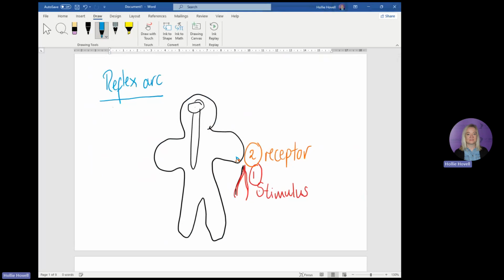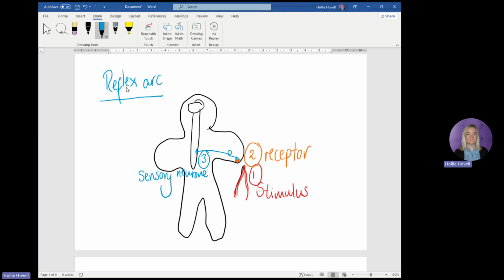It will have some little branches here, it will go along, then it will have the cell body, and then it will continue into your spinal cord. So this number 3 here is your sensory neuron. I'll draw it bigger in a minute. It goes between the receptor and the spinal cord here.